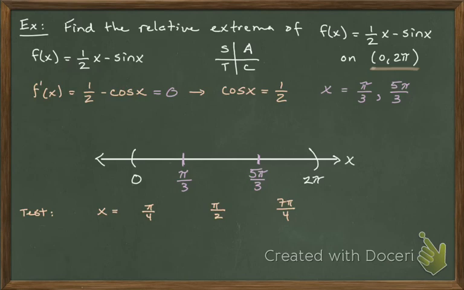And you'll see that my number line isn't exactly perfectly to scale, right? Because if I draw my unit circle here, pi over 3 is here, and 5 pi over 3 is here. So I'm looking for test values in this interval, anywhere in here, right?